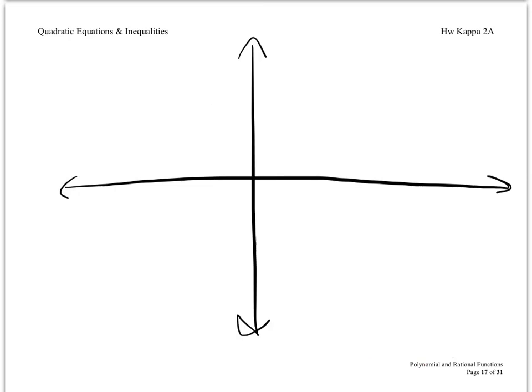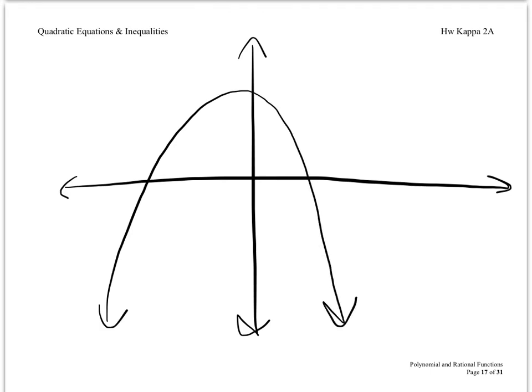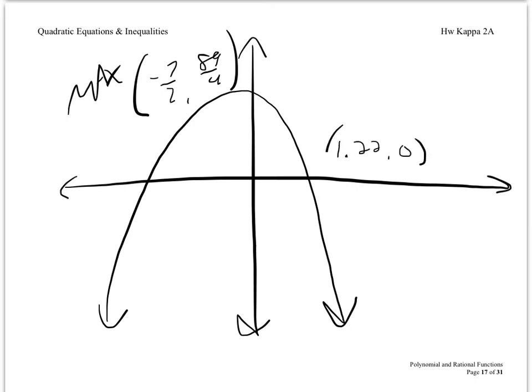So we have a maximum, so it opens down. Our vertex is in quadrant 2, and our boundary is solid. So negative 7 halves, 89 fourths is our maximum. The x-intercept was about 1.22. It was exactly square root of 89 halves minus 7 halves, 0.